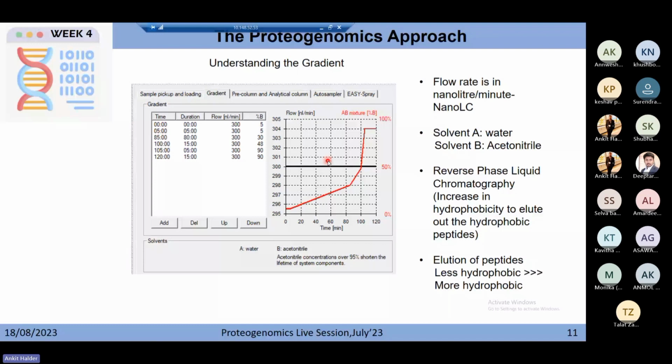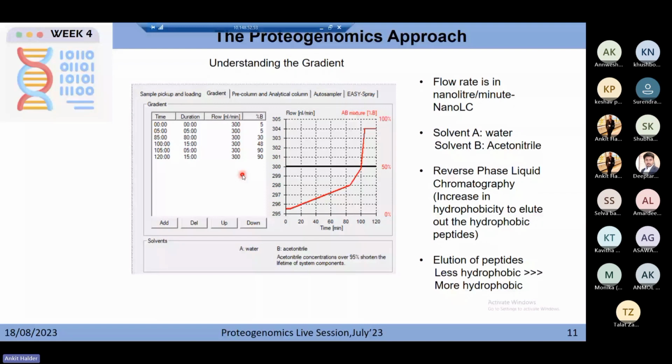If you are coupling your mass spectrometer with a nano LC, or nano liquid chromatography, your flow rate will be in nanoliters per minute. As I think we discussed in the first week, we use reverse phase liquid chromatography. In reverse phase, we have the stationary phase.